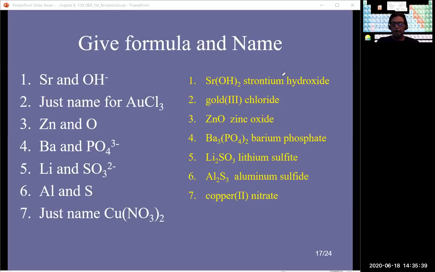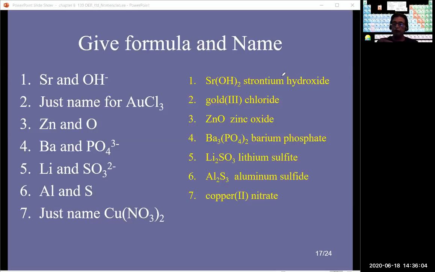We got lithium. Now be careful, because there's SO3, which is a polyatomic ion, but there's 2 of them. There's an SO4 and an SO3. The SO4 is called the sulfate. The parent name sulfate, SO4, when it has 1 less oxygen, the ATE becomes ITE.